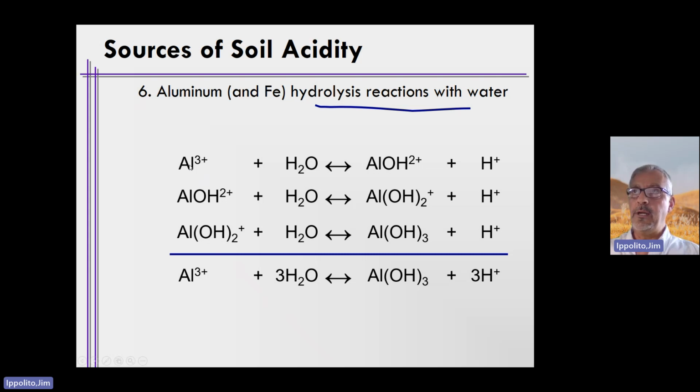Iron as a +3 ion undergoes the exact same three reactions, and the overall reaction would be iron +3 reacts with three waters to form iron hydroxide, which is known as goethite. It's an iron hydroxide mineral, which is stable, and three free hydrogen ions. That is the source of acidity.